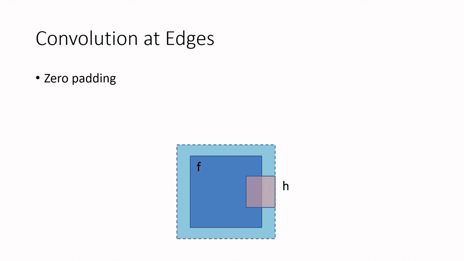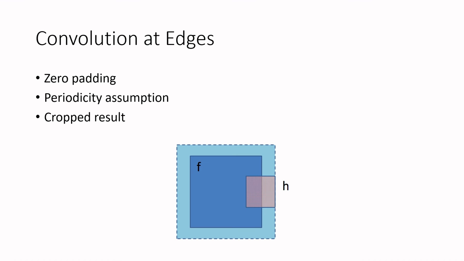Sometimes you can do additional padding to the image, and with that padding you can get the result similar in size to the input size.